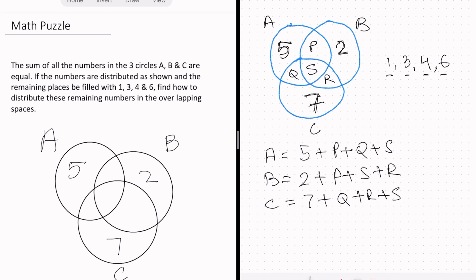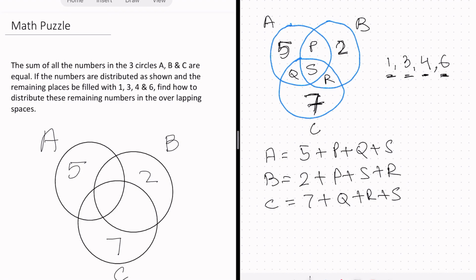Now we will start off with a little bit of logical thinking. Amongst the given numbers 1, 3, 4, and 6, the largest number is 6. And from the given circles, the largest number is 7. So logically, 6 and 7 are likely not going to go together.